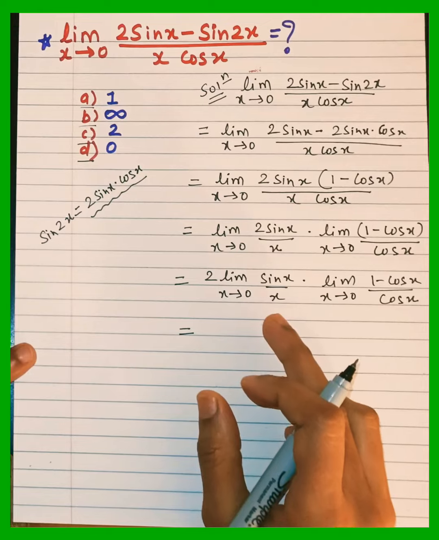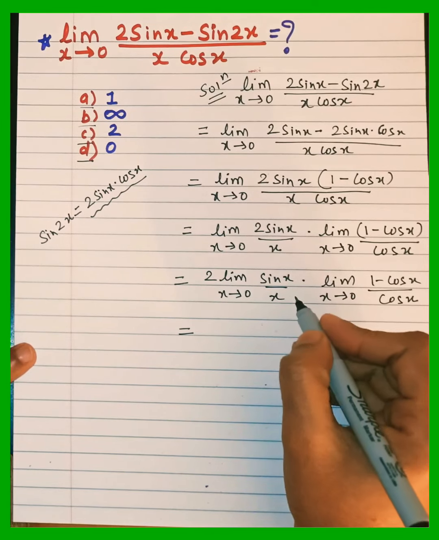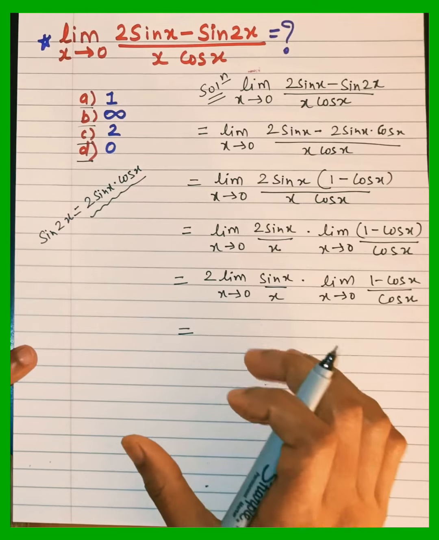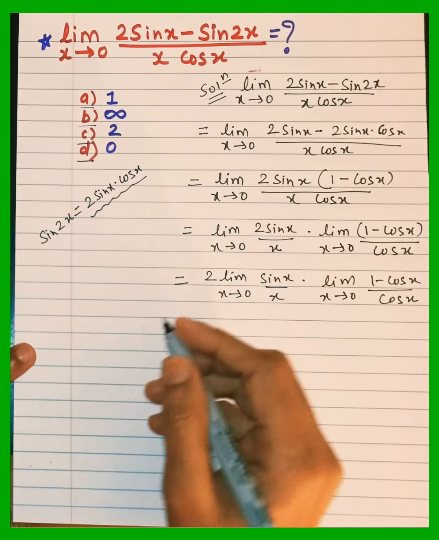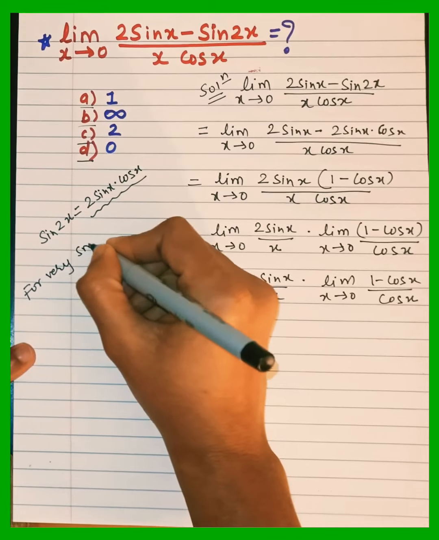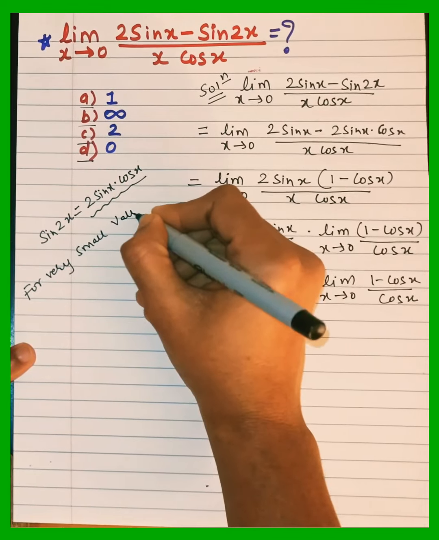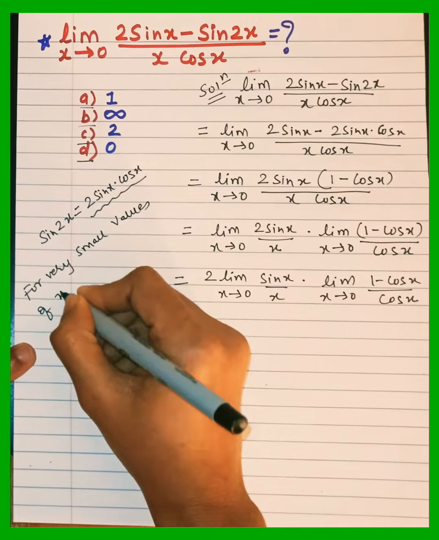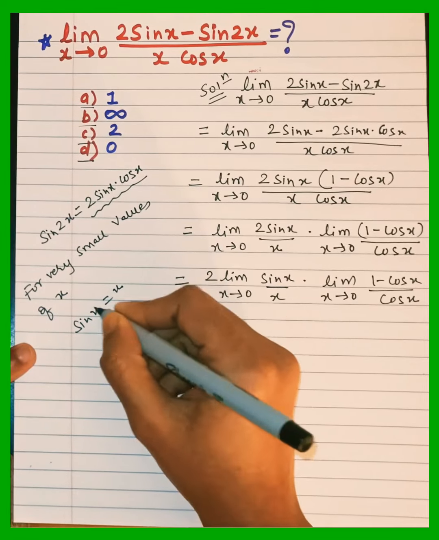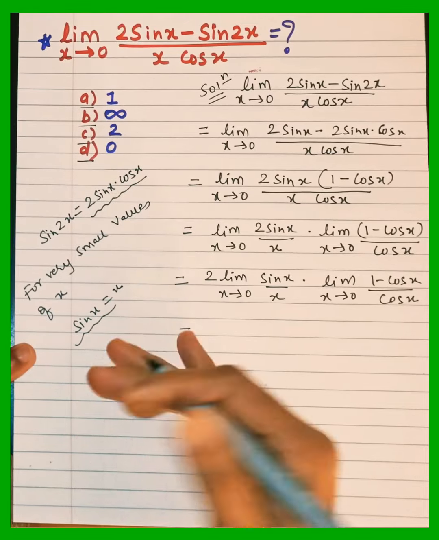So for very small values of x, sin x will be equal to x. If x is very small, then sin x will be equal to x.